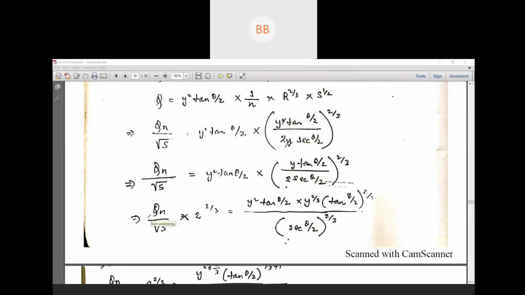Now in the next line, we bring that 2 in the left hand side. Okay, so it will be divide, so when we bring it in the left hand side, it will be multiplied. And don't forget, we have 2 to the power 2 by 3.